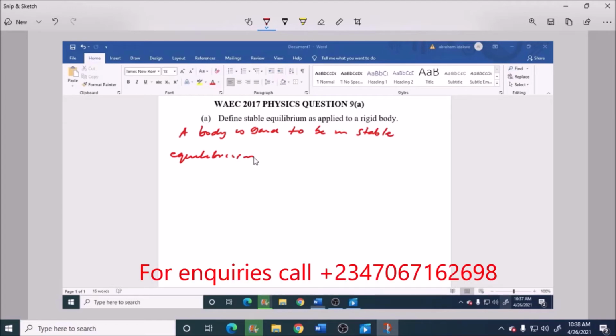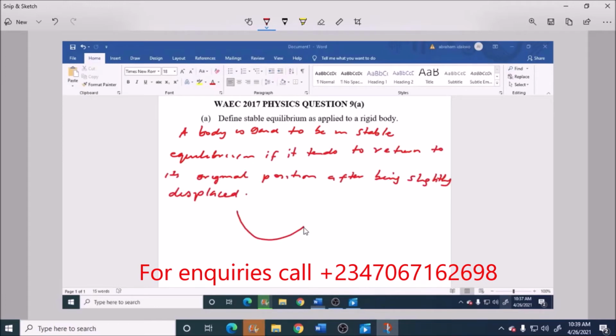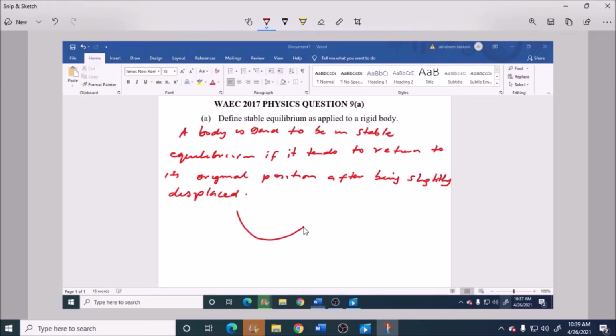So an example is a ball in a bowl. Another example is a cone with its base facing the ground.